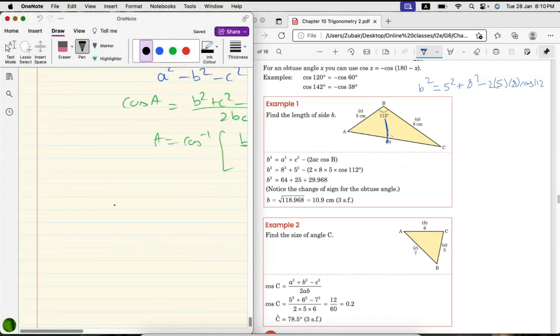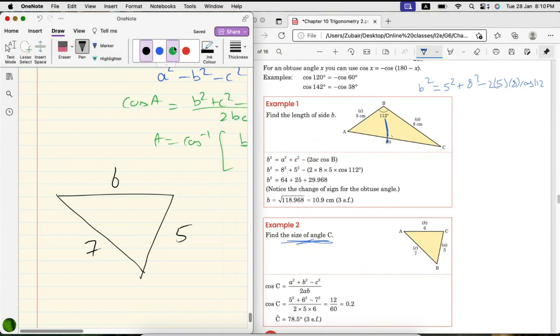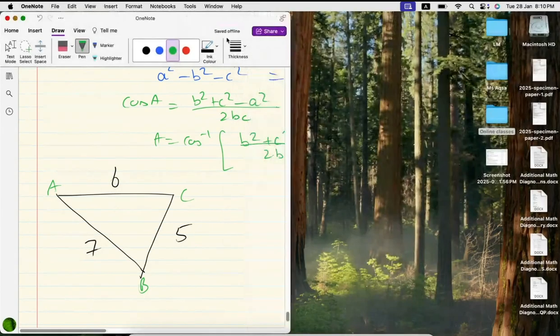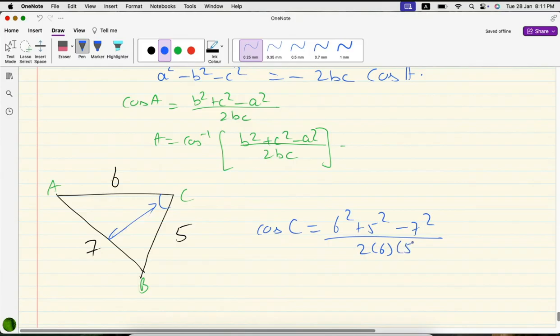I am looking at example 2, which says the triangle whose sides are 6, 5, and 7, and it says find the size of angle C. If we are talking about angle C, let me label them A, B, C. Size of angle C. With a little practice, you'll be able to memorize the formula. If I'm just looking at C, this is my complete pair. So cos of C is equals to the remaining two, 6 square plus 5 square minus 7 square, divided by 2 into 6 into 5.